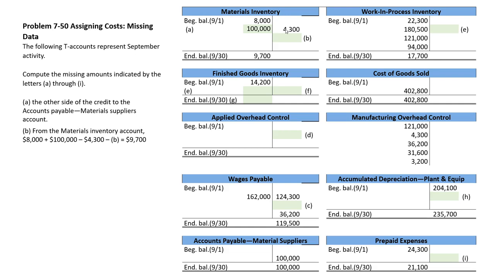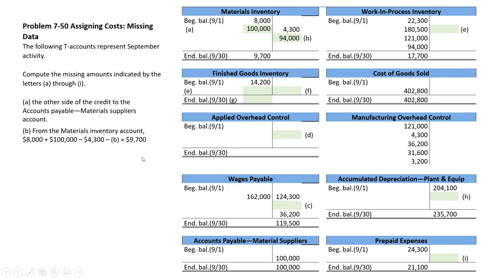That's the credit that was the indirect materials. I don't know what I'm subtracting for B, my direct materials, but I know the ending balance is $9,700. So I can back into the fact that that credit must have been $94,000. Again, if I look at work in process, that does agree with one of the amounts. So that must have been the direct materials that then went into work in process inventory.